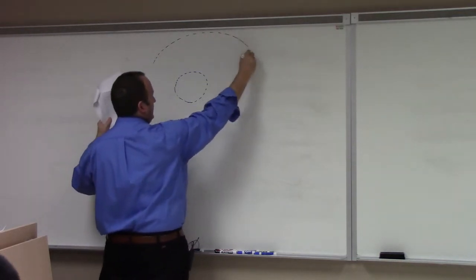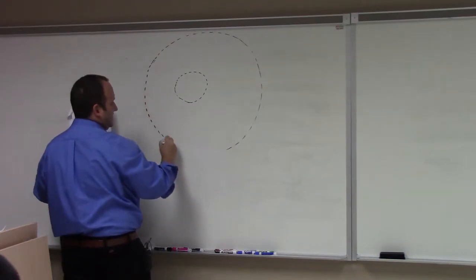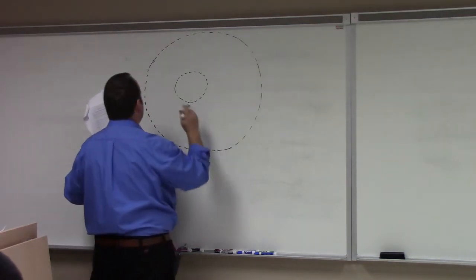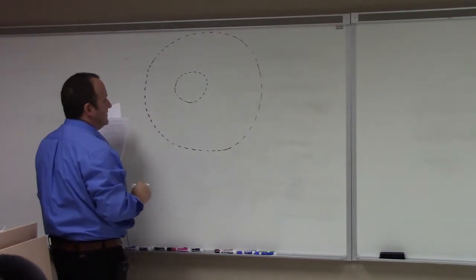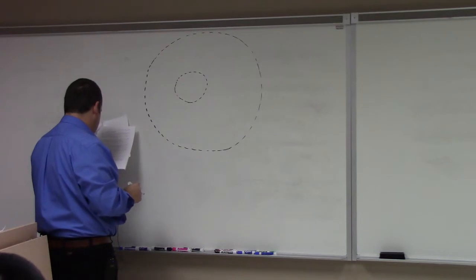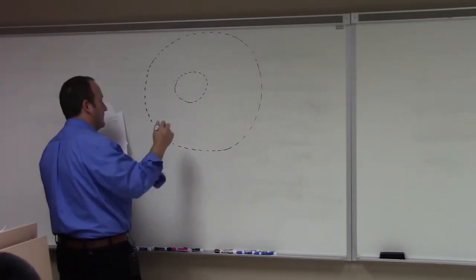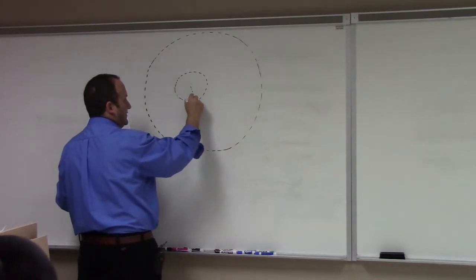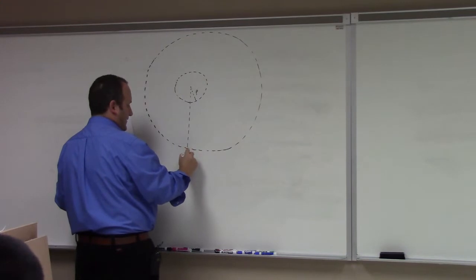In practice, the inner circle could be at 0, so it could either just be a deleted point or even everything deleted, and the outer circle could go to infinity. These are possibilities. So we said that the inner radius was rho, the outer radius was sigma.